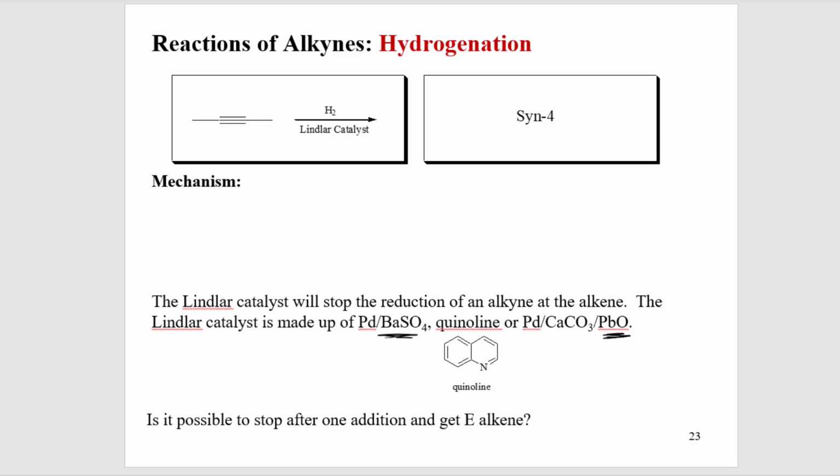So with this very special catalyst, mechanistically, nothing has changed. If I have a 4-carbon system, I have the palladium. I'm just going to put a little star next to it saying that it's poisoned and that this system is only going to occur once through a syn addition.